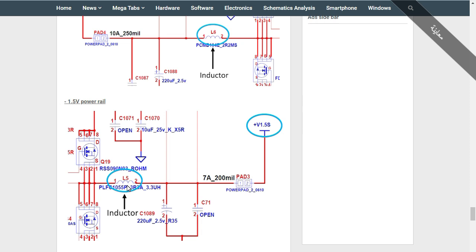Very easy, using this method. Of course, the first time you may need 2 or 3 minutes to identify the coils, the inductors, and the motherboard, but when you use this method every day, it's simple.